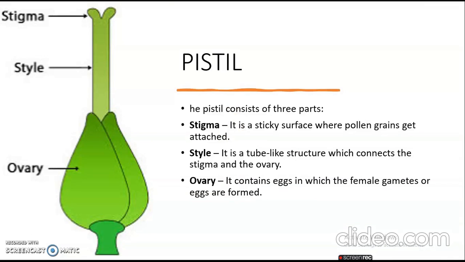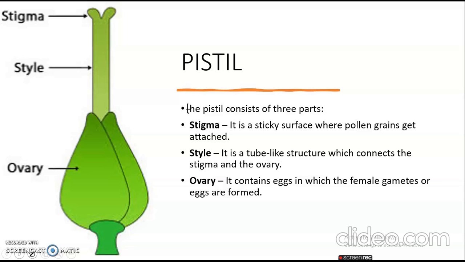The pistil consists of 3 parts. Just remember, the pistil consists of 3 parts. What are the 3 parts? Stigma, style, ovary.